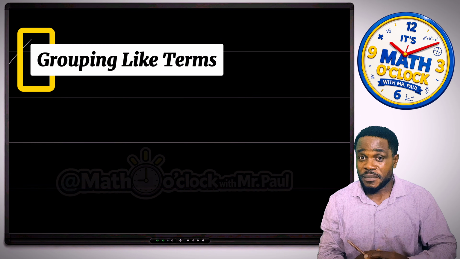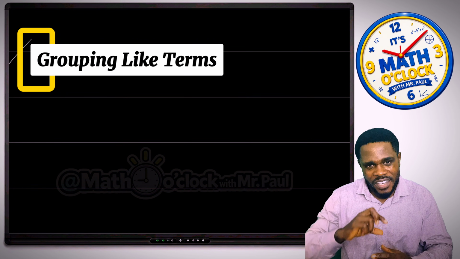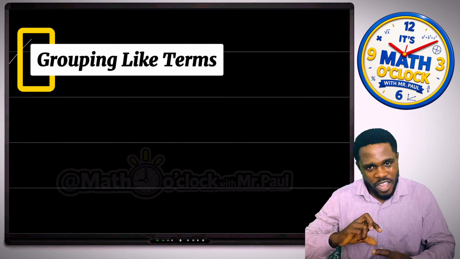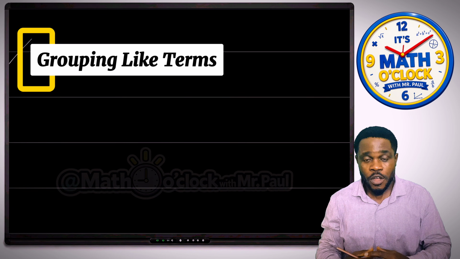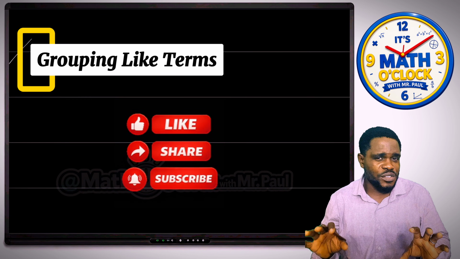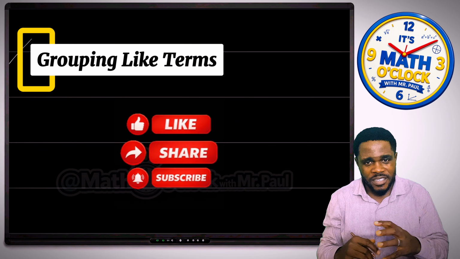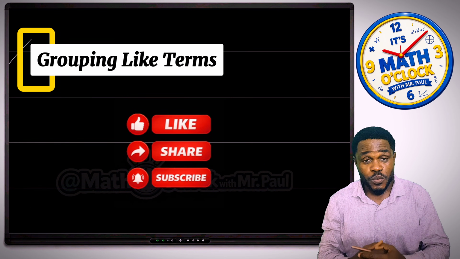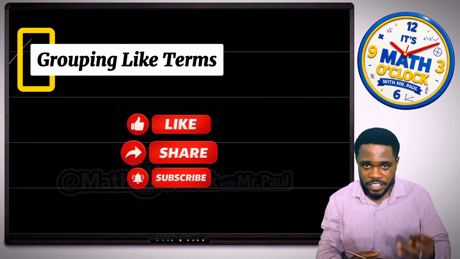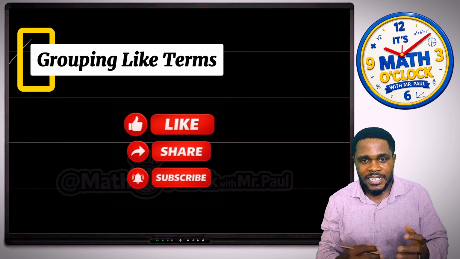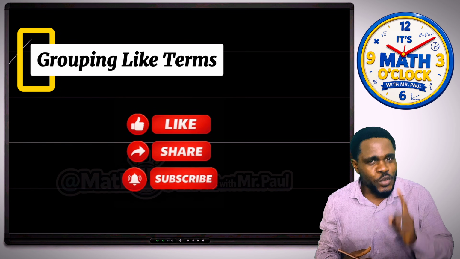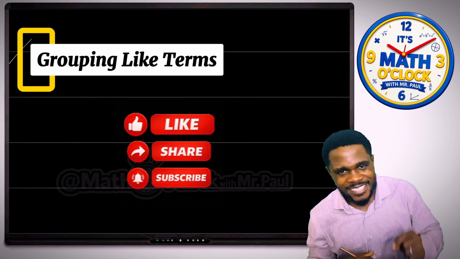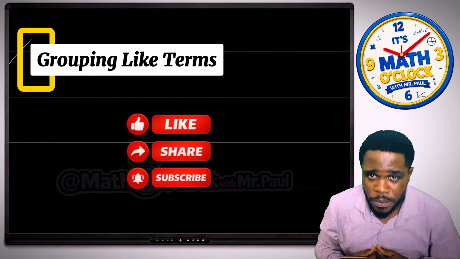I also have my family, and members of my family have a common name as well, which is our surname. You get it now? So we'd like to identify things according to their family. Therefore, it's very important we understand terms, like terms, and unlike terms, and now let's move further to grouping of like terms. This is the part where we begin to solve.